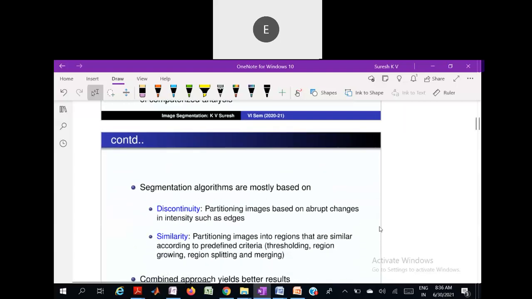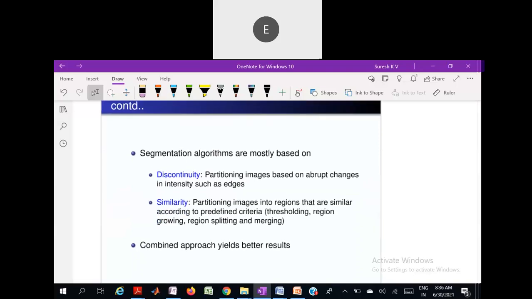What I want to explain here is, even though I can use discontinuity, it fails miserably when your background and the foreground are of the same or almost the same color. So discontinuity could be used whenever there is a clear demarcation between the foreground and the background.